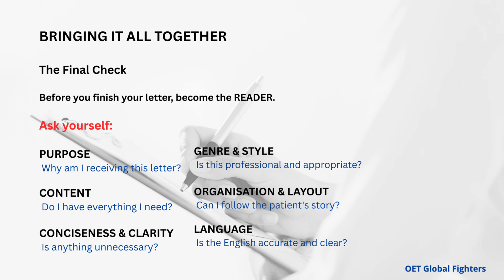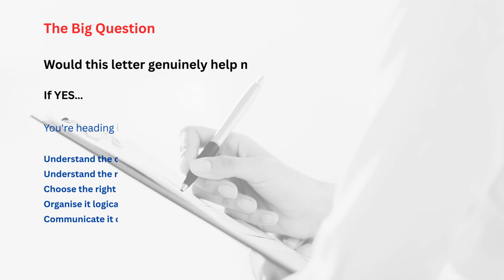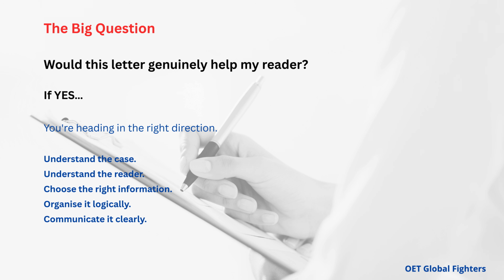So let's take a breath and summarize. The 6 criteria are not 6 completely separate rules. There are 6 different ways of asking one bigger question. Can this healthcare professional understand the situation and know what they need to do next? Purpose asks, why am I writing?